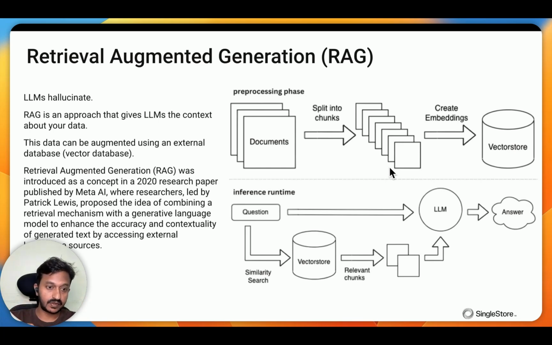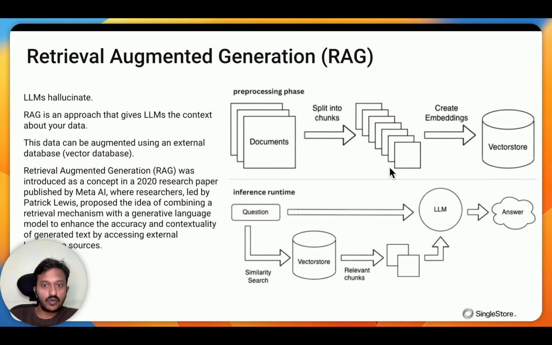It is a research paper published by Meta AI, where researchers led by Patrick Lewis proposed the idea of combining a retrieval mechanism with a generative language model to enhance the accuracy and contextuality of generated text by accessing external knowledge sources. So here you augment the system with an external knowledge source so that the LLM cannot hallucinate or come up with a fake answer.